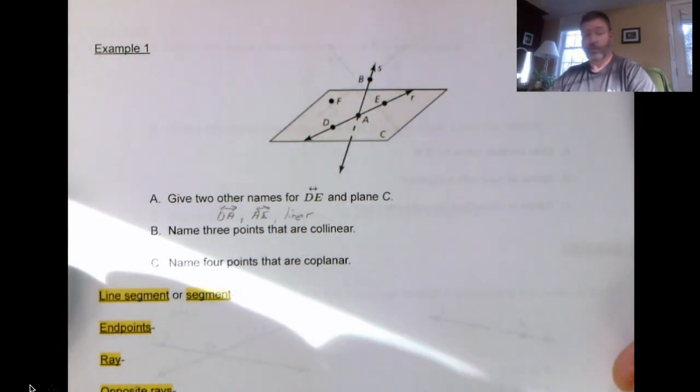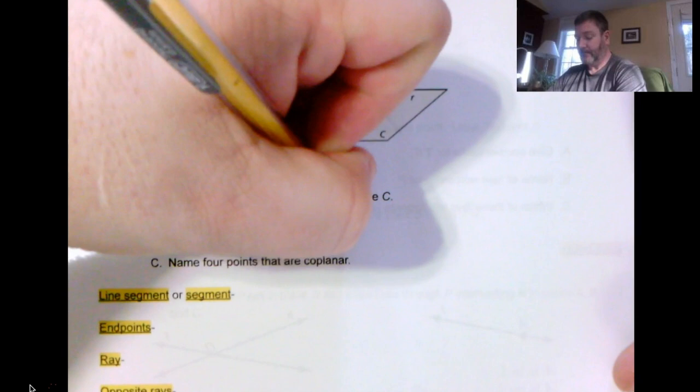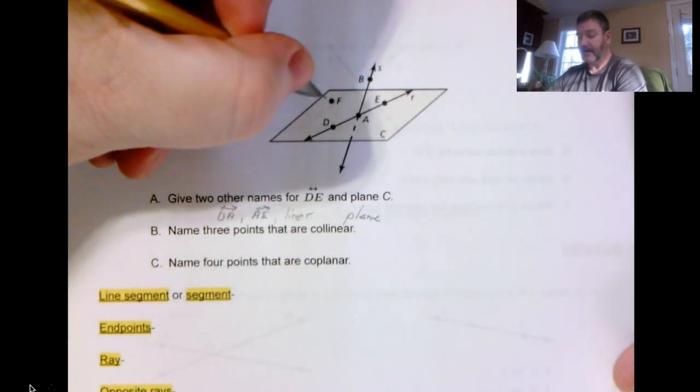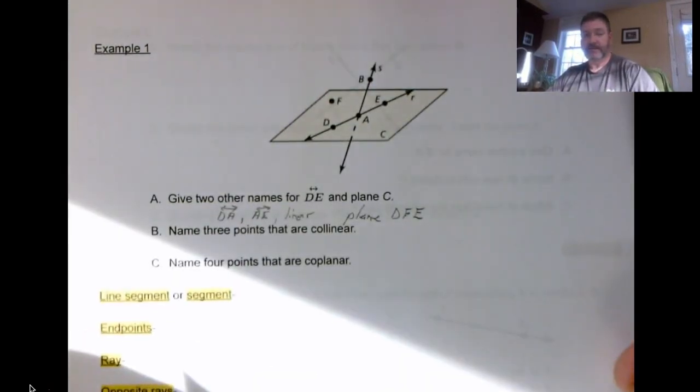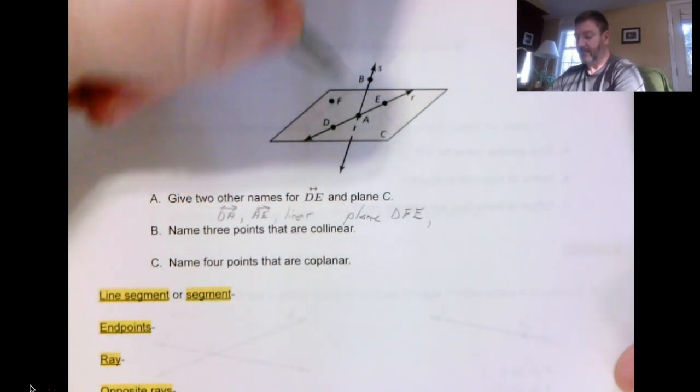We're going to give you some more names for plane C. Another name for plane C would be plane DFE. That's a name for plane C. Another name for plane C would be plane DFA.